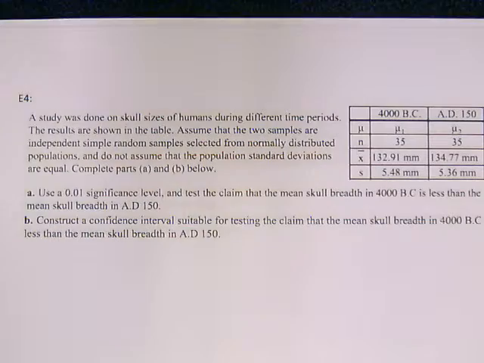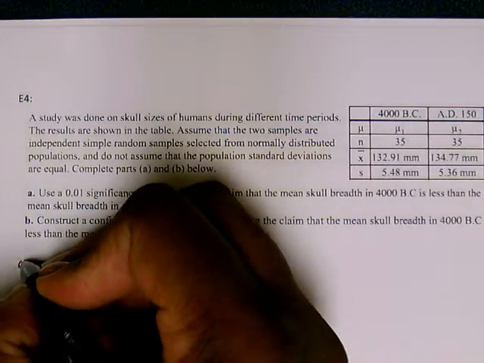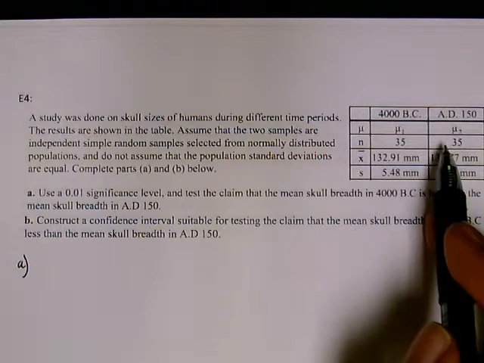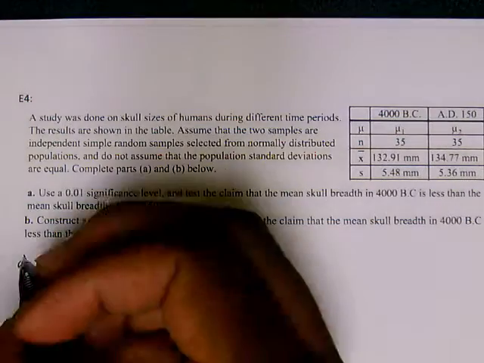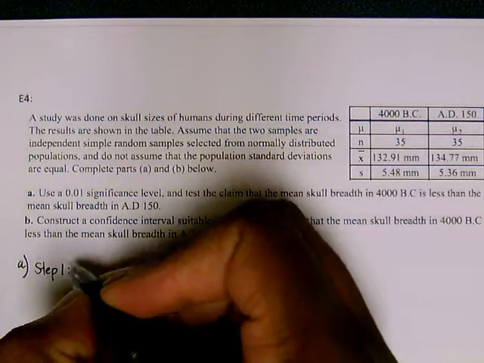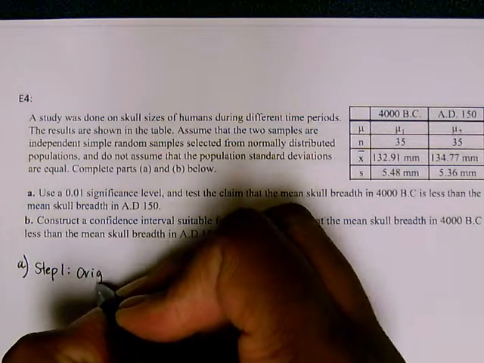Okay, so let's start off with part A. And here's the table that we'll be using here. Now, step number 1 is to state the original claim in symbolic form.